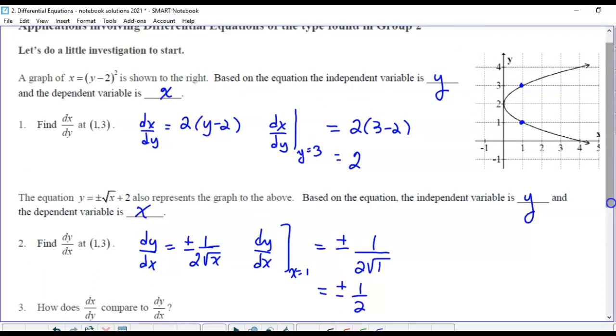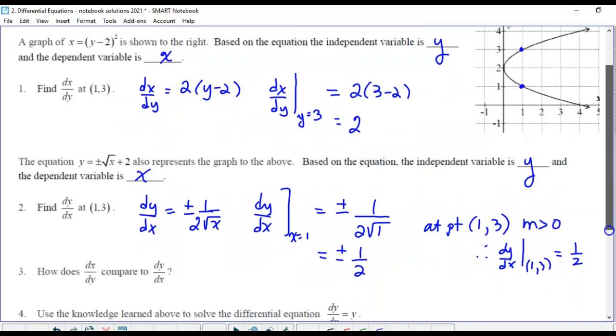Okay, so at point (1, 3), we know that the slope is positive. So at point (1, 3), slope is greater than 0. Therefore, dy/dx at the point (1, 3) would be positive 1/2.